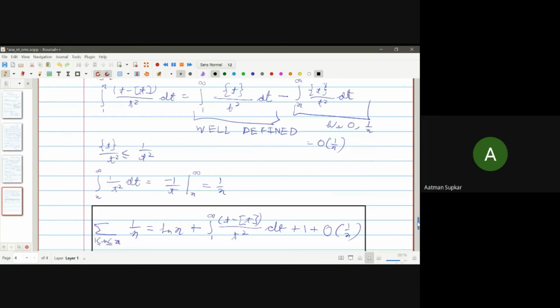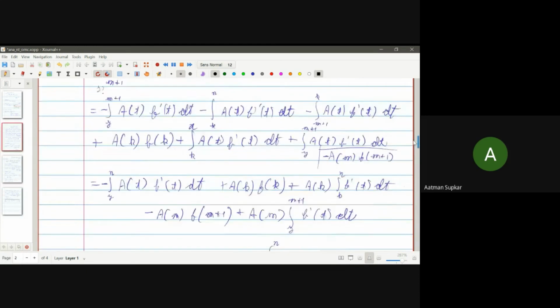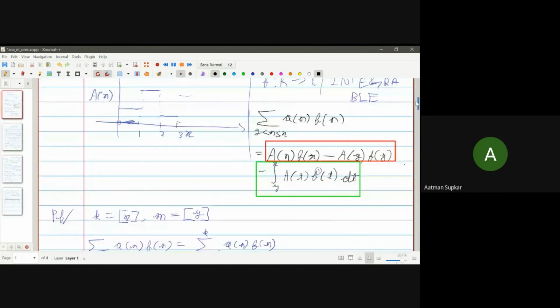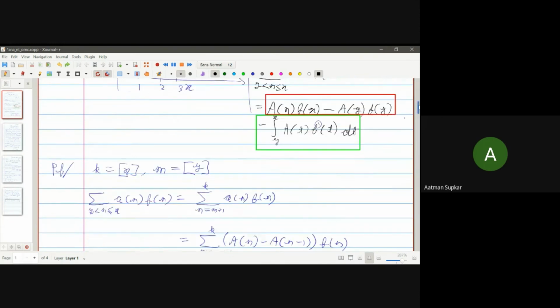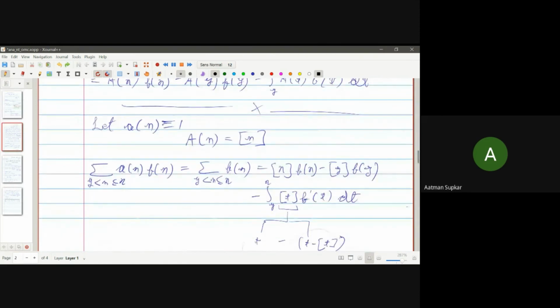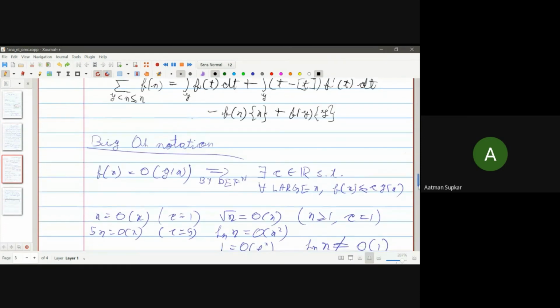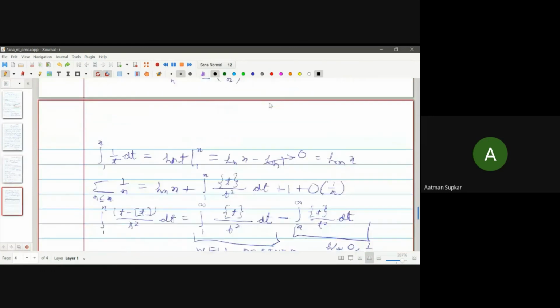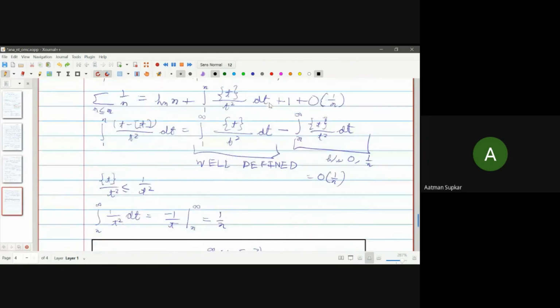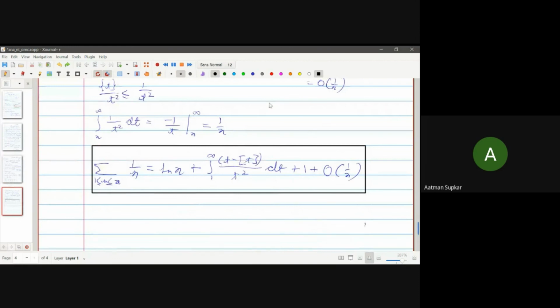Oh, yes, we had allowed these y and x to be arbitrary reals. Goodness, I'll just use my pen. I'll just use this to scroll. Right.